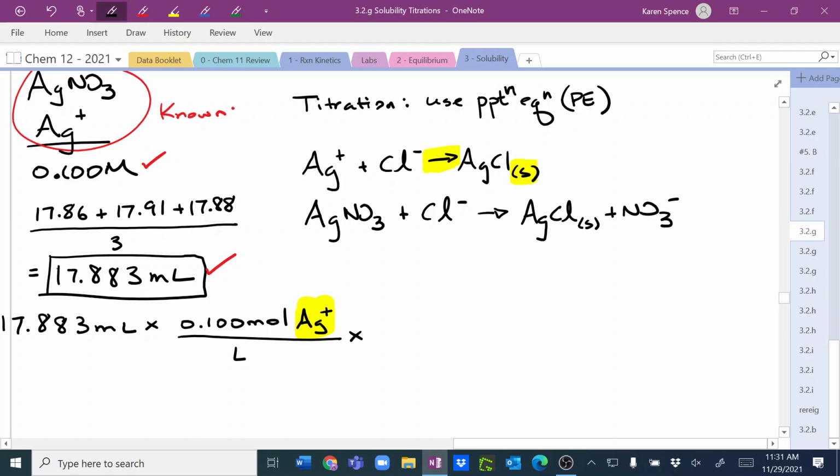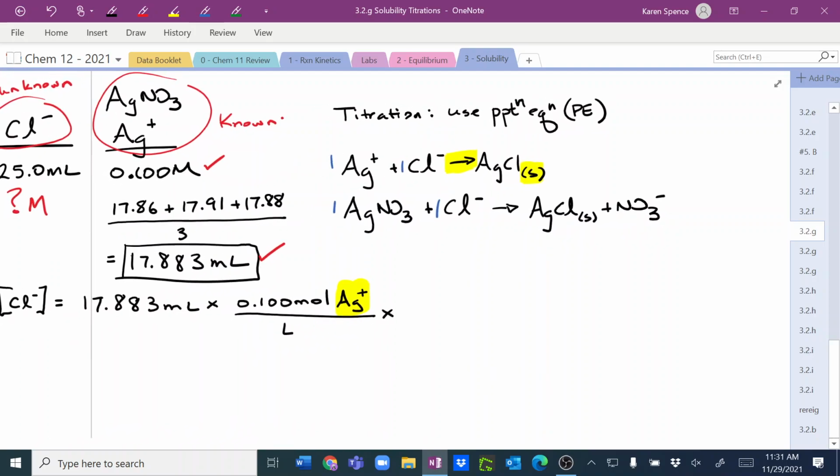Either way, you end up with a 1-to-1 ratio between the silver and the chloride. So when we go to find our moles of chloride and cancel out our moles of silver, it's a 1-to-1 relationship.